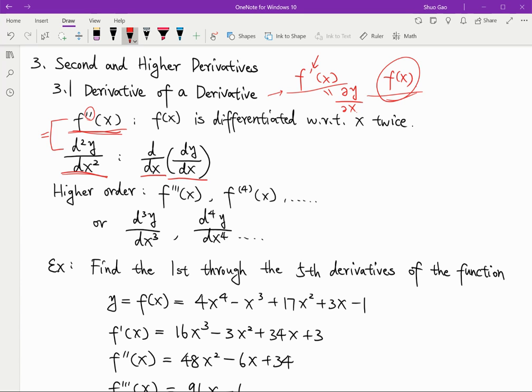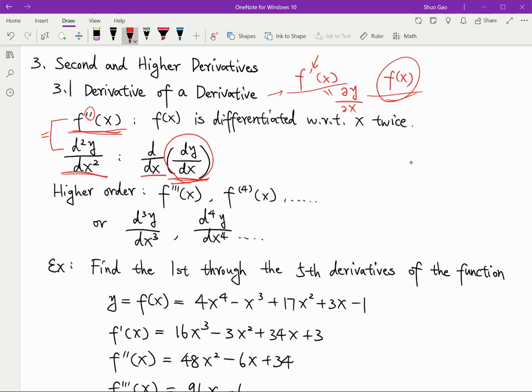So this is d squared y over dx squared. This is because dy over dx is the first derivative, right? And we take the derivative of the first derivative one more time. Right? So it's d, the first derivative, over dx again, right?